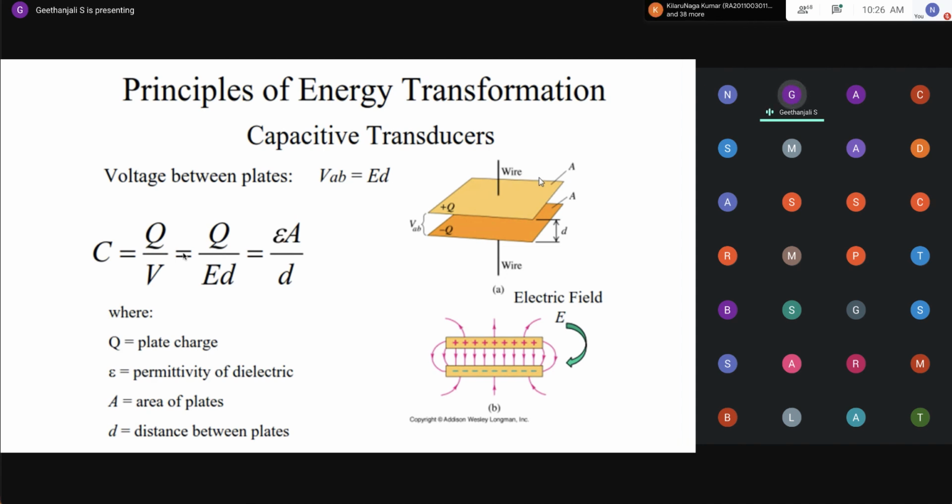As we know the general expression for the capacitor, C is equal to Q by V, that is Q divided by V, which we have obtained from the expression ED. The general expression for capacitance is epsilon naught A by d. Q is the plate charge, epsilon is the permittivity of the dielectric, A is the area of the plates, d is the distance between the plates.